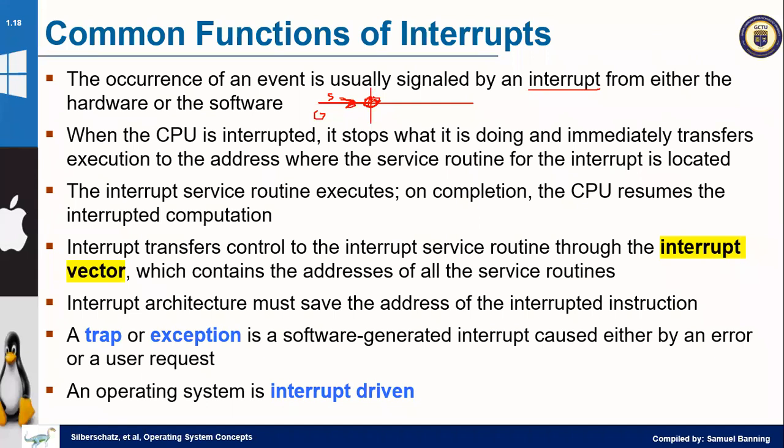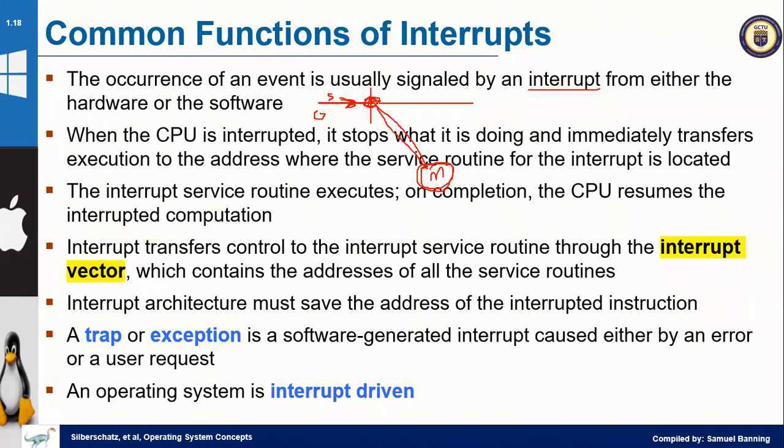So the operating system will determine what interrupt it is. Maybe this interrupt is telling the operating system to make a call. So the operating system will transfer control to the service routine where making calls are located. Okay, the operating system will go to that service routine and then follow the instruction there to make the call.